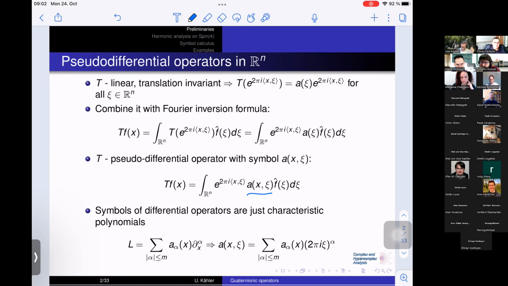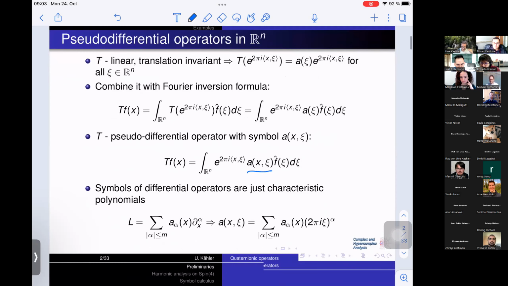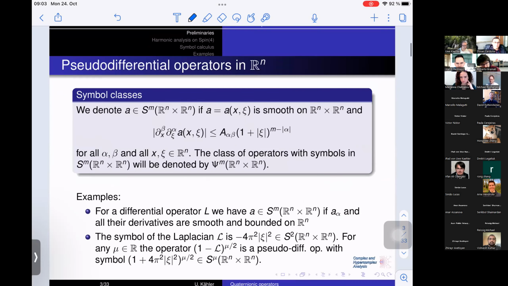Any differential operator's symbol is basically just the characteristic polynomial. And we also have simple classes. That's the usual definitions, there's nothing special about that. And the Laplacian, I think everybody's familiar with it, and also fractional Laplacians and so on.